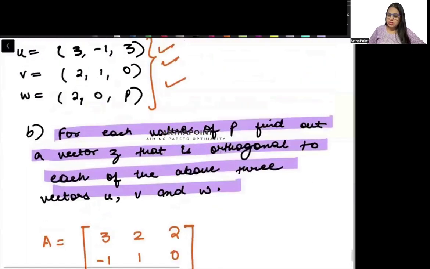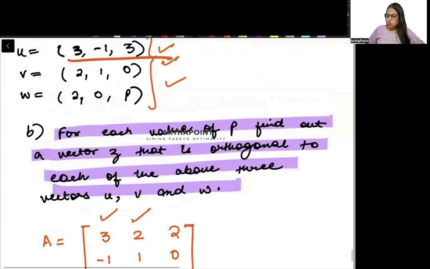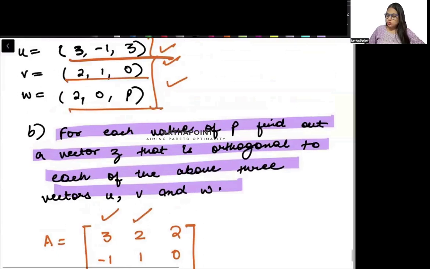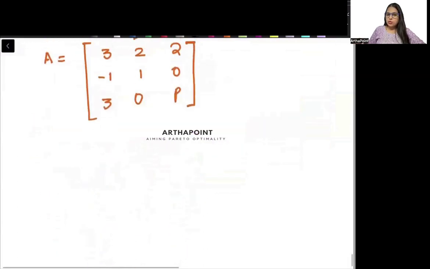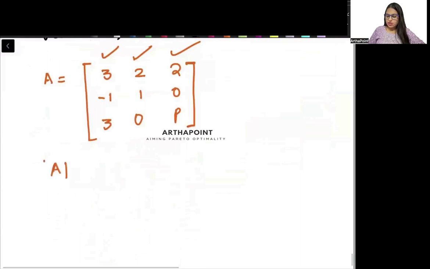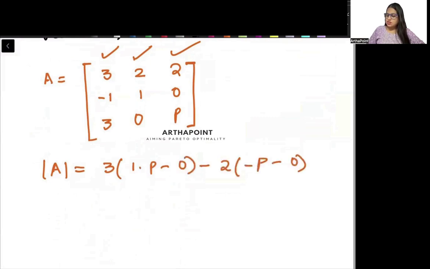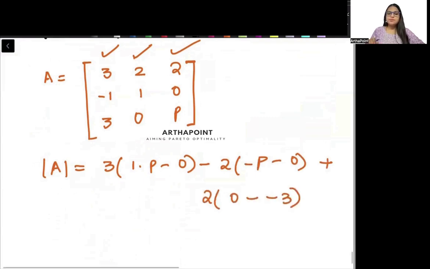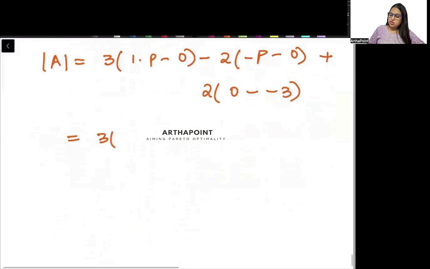Now I will try to find the determinant of the matrix. So determinant will be 3, 1 into P minus 0, minus 2, minus P minus 0, plus 2, 0 minus 3. So I will get here 3 into P minus 2 into minus P plus 2 into 3.